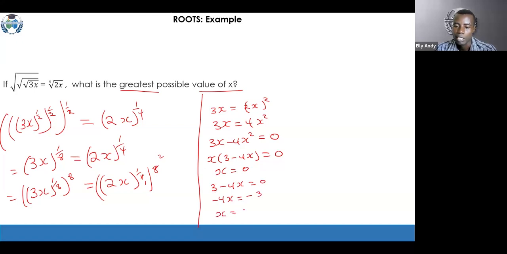Or we can say x is minus 3 over negative 4, which is 3 over 4. So we have two values of x. x can be 0 or 3/4. But our question was asking for the greatest possible value. So of course that is 3 over 4.